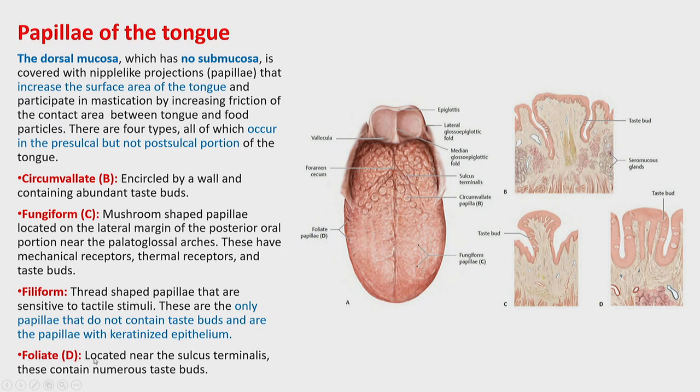The foliate is usually near the terminal sulcus, located in the margin and lateral aspect of the tongue, and as you see it also has taste buds. The last one, which is the most numerous, is called the filiform papilla, with a thread or conical shape, which you have all over the dorsum of the anterior two-thirds of the tongue.